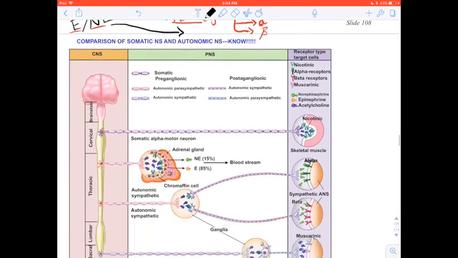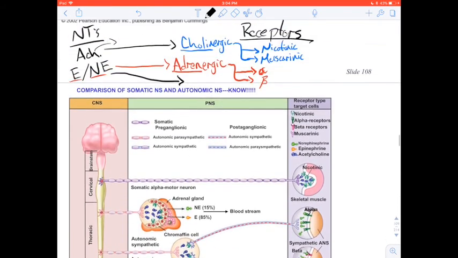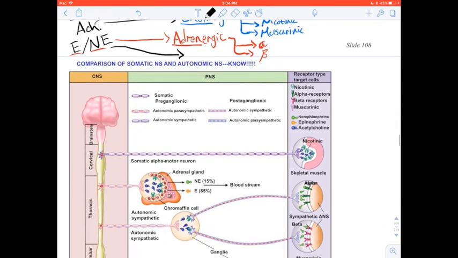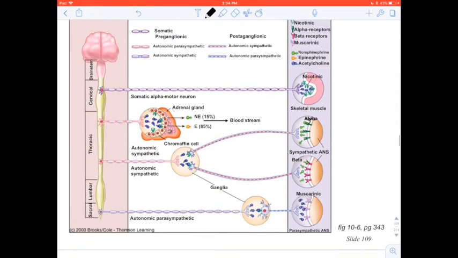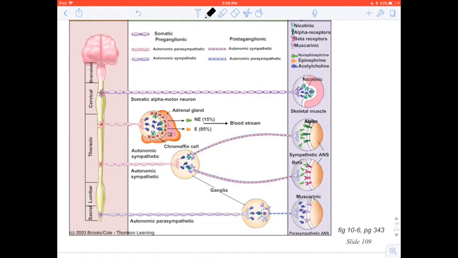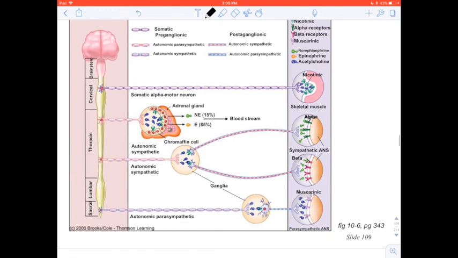All right, so the guiding principles are going to be knowing these neurotransmitters and their receptors, and then knowing the preganglionic and postganglionic neurons for each one. So this first one here, we can kind of ignore it for now, but that's just giving us an idea of the somatic motor neuron. We'll come back to that in just a second, but let's start with the sympathetic system, which again, is in the thoracic and lumbar area.